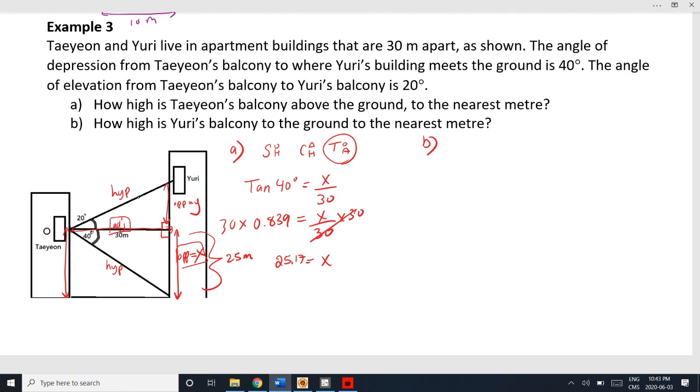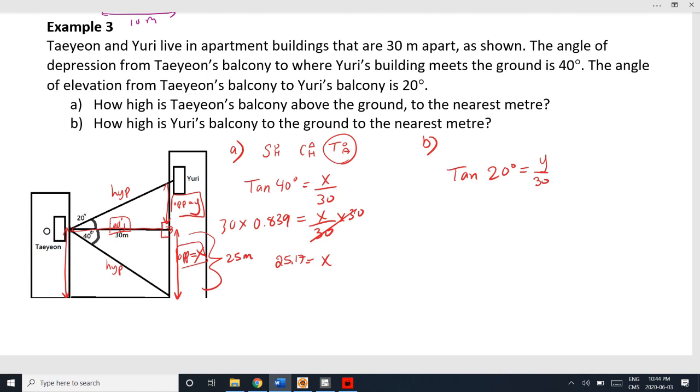Again, we're dealing with adjacent and opposite, so we're going to use tan again. So tan 20 degrees is equal to opposite over adjacent, and the opposite is y, so y over adjacent, which is 30, and we just want to solve for what y is.